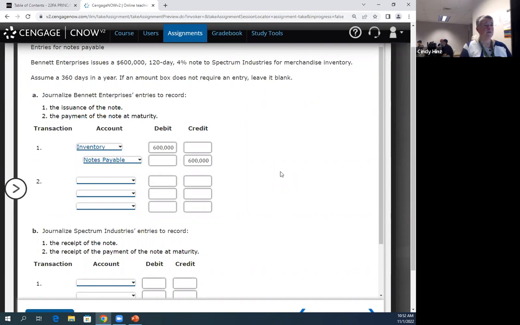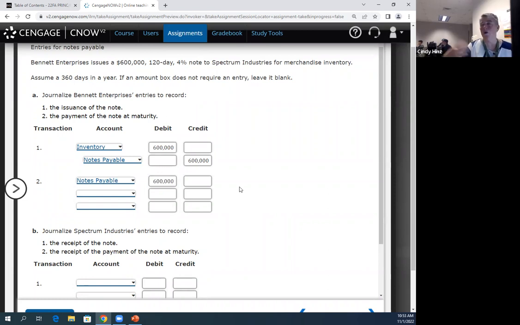And now, 4 months later or 120 days later, Bennett's going to pay the note. And so at the time they pay, what's going to happen? Well, we're going to take the notes payable off our balance sheet because we're no longer going to owe that, right?